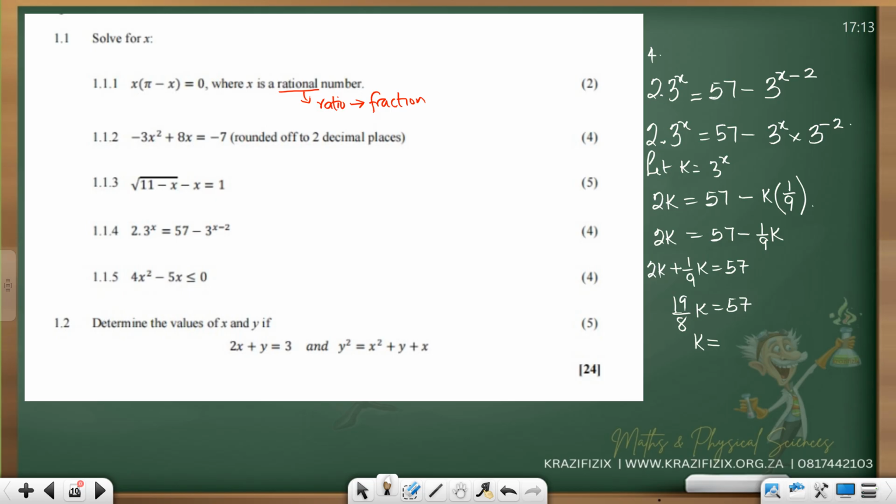Is that correct? Okay. But check, guys. 24. What is k? 3 to the power x. I cannot write the factors of 24. So x will be equal to the log, and what would that give you? Two point something.